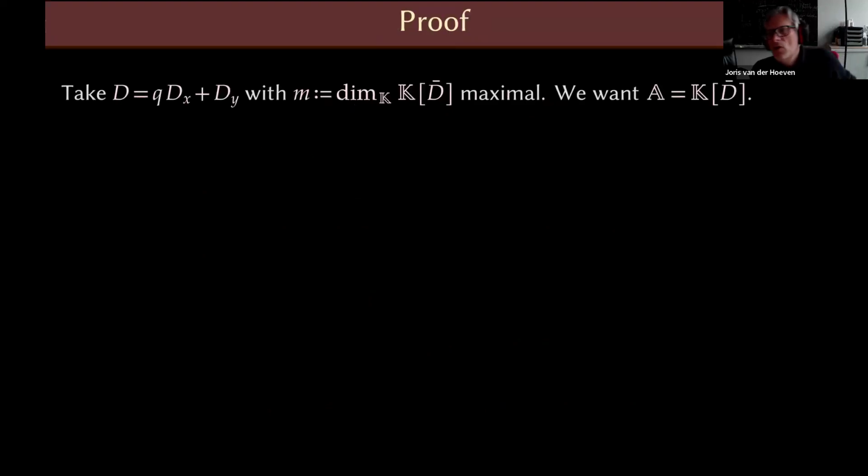Okay, so let me now try to do at least one proof in my talk. The proof is a little bit technical, but I hope that I will be able to convey some of the main ideas.